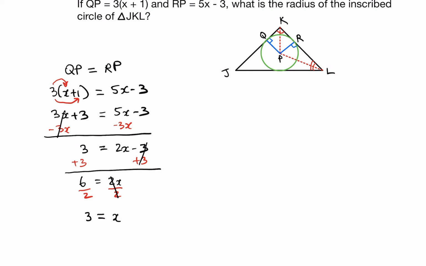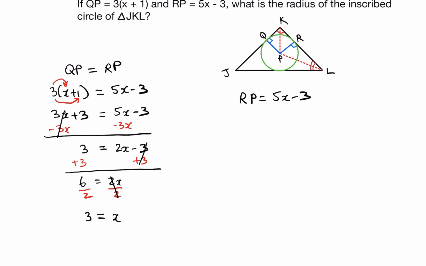Okay, so now that we know what the value of x is, we still have to answer the question, what is the radius of the inscribed circle of triangle JKL? Well, we know that the radius is PR or RP, or it could be QP. Either one of these is fine. So let's go ahead and use the values of RP. So we know RP is equal to 5x minus 3.